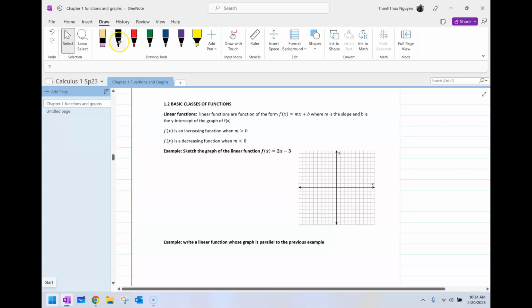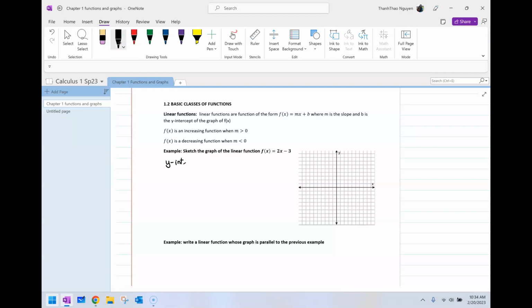Well, here we know that this graph has the y-intercept of (0, -3), and the slope is 2, so here we have an increasing function. (0, -3) is our intercept. The slope is 2, so go up 2 over 1.